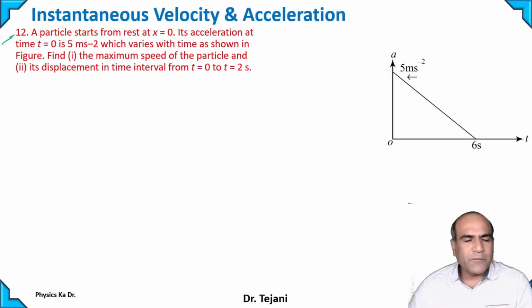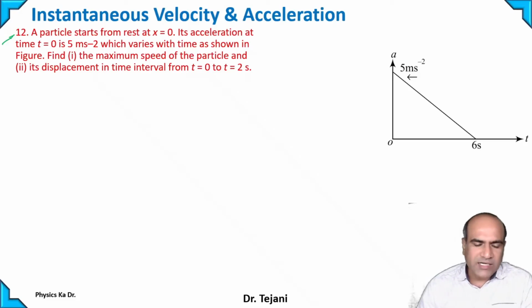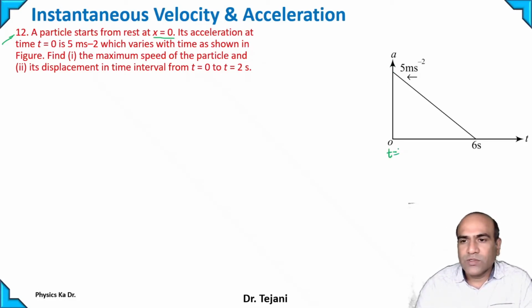So it is mentioned: a particle starts from rest at x is equal to 0. So initial x is given as 0. Its acceleration at time t is equal to 0 is 5 meter per second square, which varies with time as shown in the figure. See, at time t equal to 0, acceleration is 5 meter per second square.